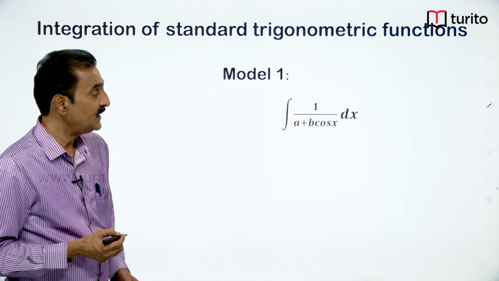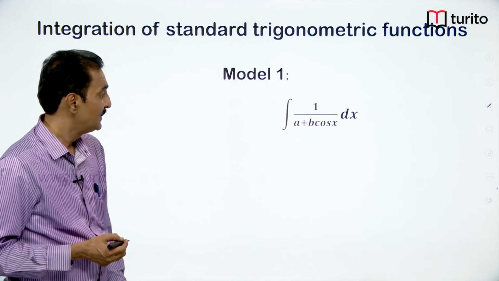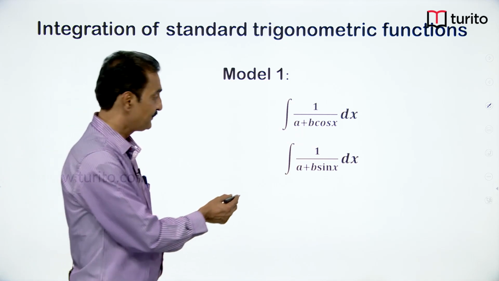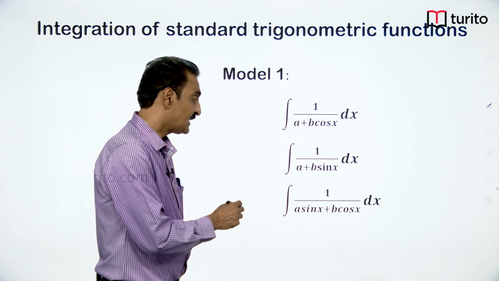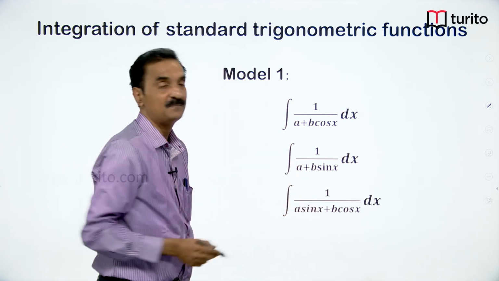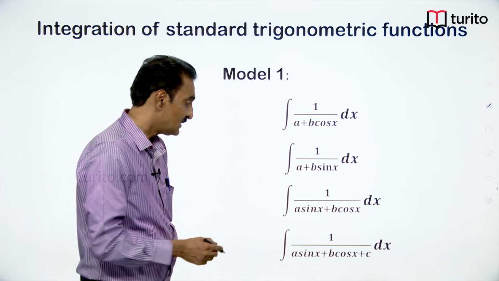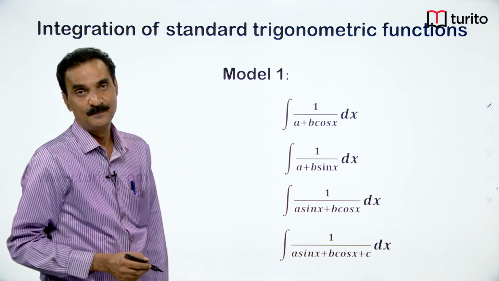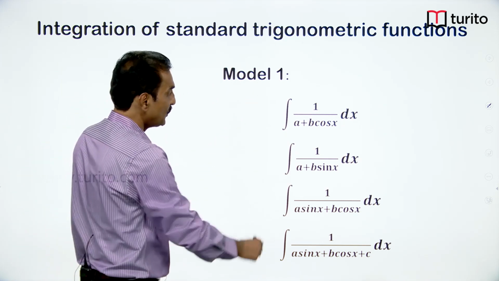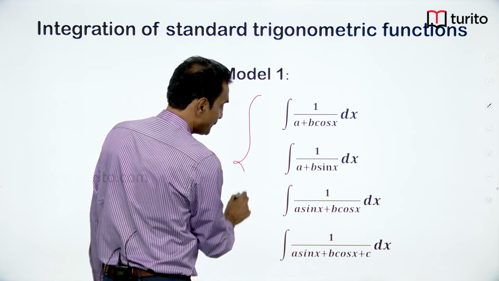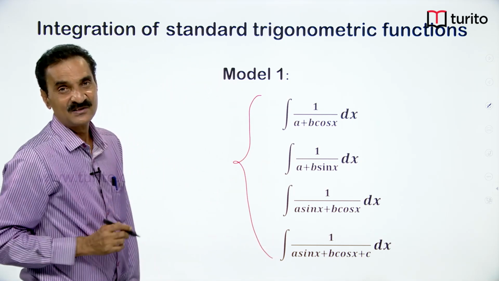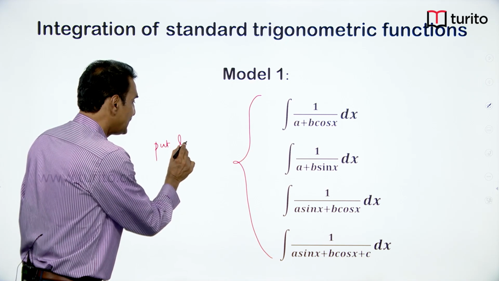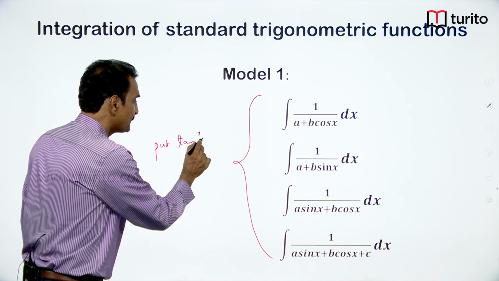Integral 1 by a plus b cos x, or integral 1 by a plus b sin x, or integral 1 by a sin x plus b cos x, or integral 1 by a sin x plus b cos x plus c. For these 4 forms, the standard substitution is tan x by 2 is equal to t.